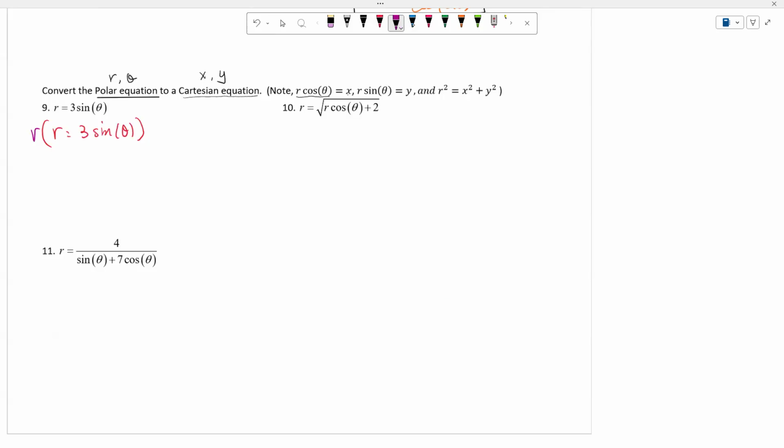If I do this, then I will have r squared equal to 3r sine of theta, right? In this case, we know that r squared is x squared plus y squared, equal to 3 times r sine of theta, which is y. And we are done.